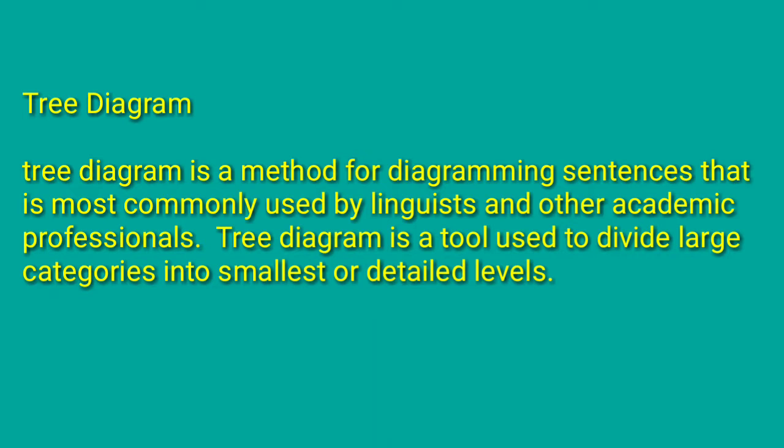The next is about tree diagram. A tree diagram is a method for diagramming sentences that is most commonly used by linguists and other academic professionals. A tree diagram is a tool used to divide large categories into smaller, more detailed levels.